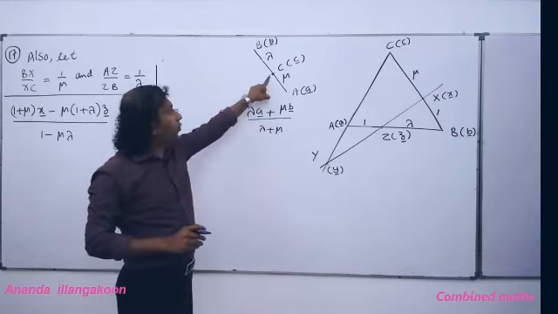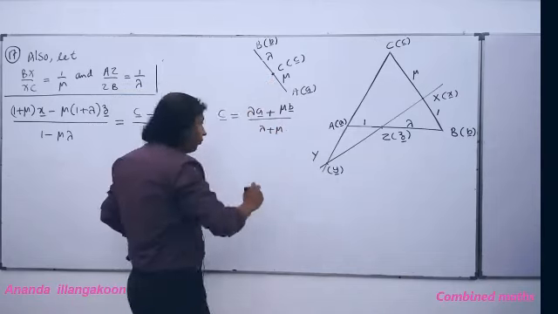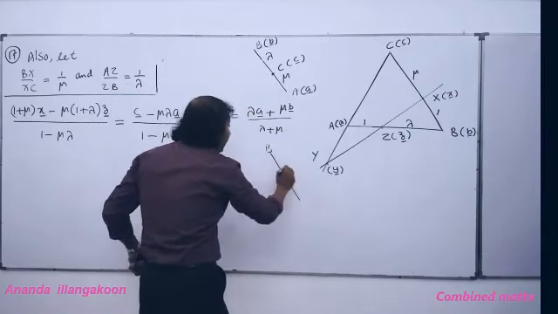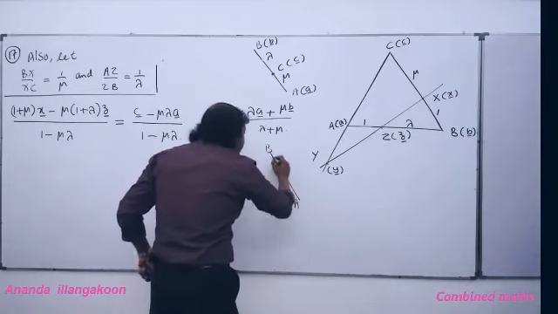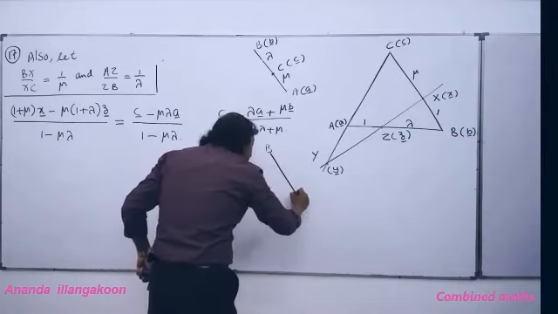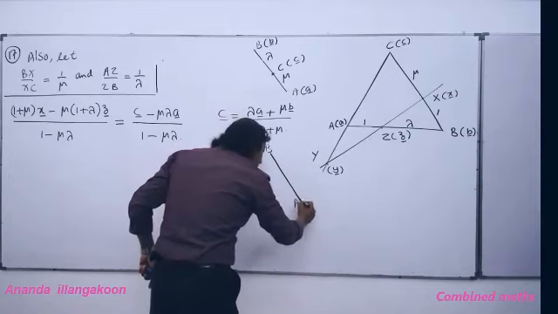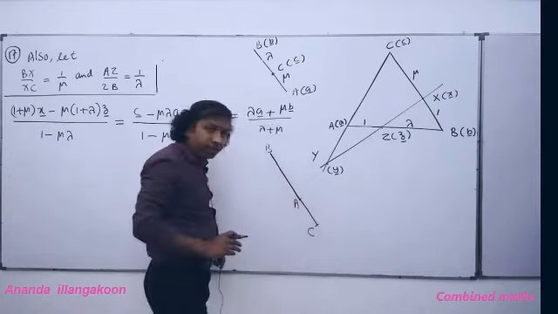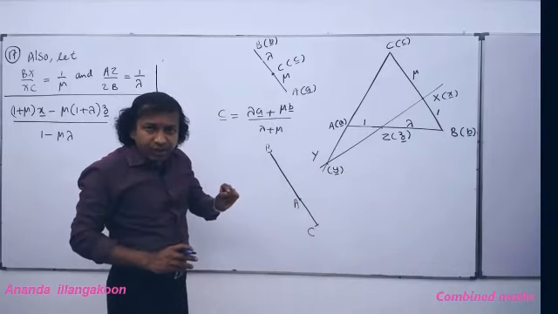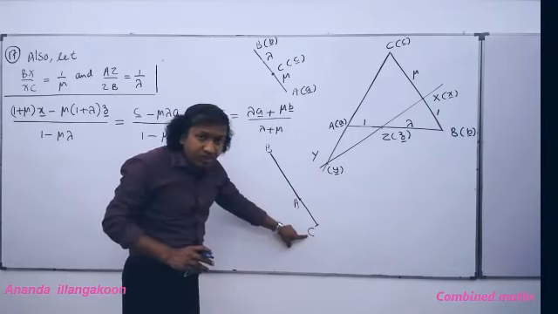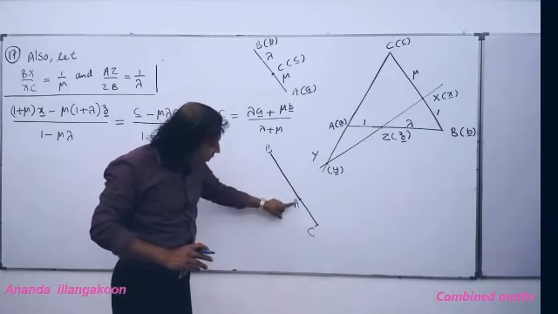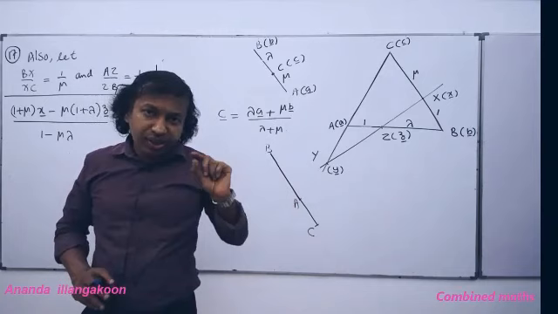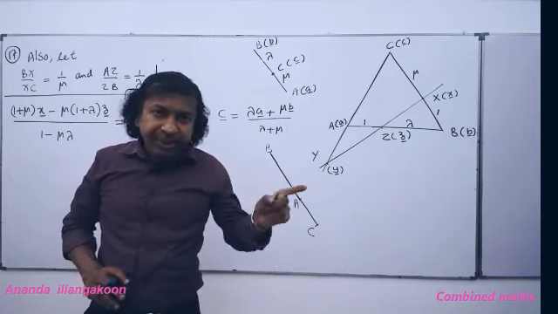People, if this point C lies on the line BA produced, not in between the points B and A. When we produce BA, suppose C is somewhere here. That occasion we say point C divides the line BA externally.